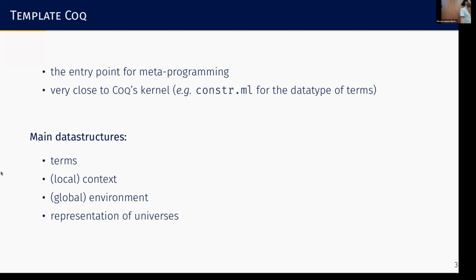That's where everything lives, and also all kinds of things related to universes. I'll tell you a little bit about the representation of universes, which is a tricky part of this whole story. I'm probably not going to touch it too much because hopefully you won't have to play with that when you're metaprogramming, but for the sake of completeness, I'll explain a little bit what's happening there.